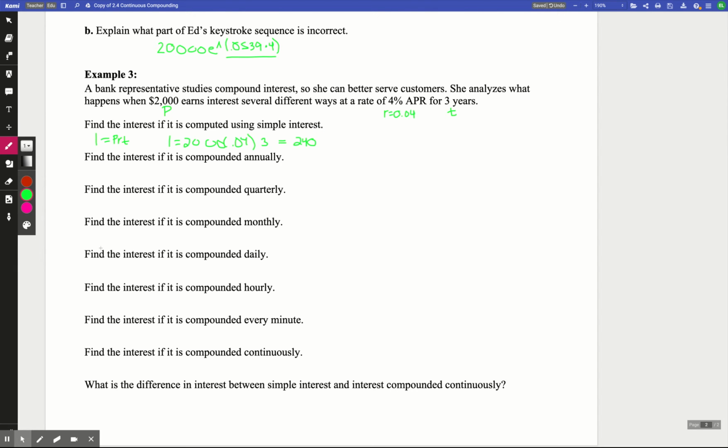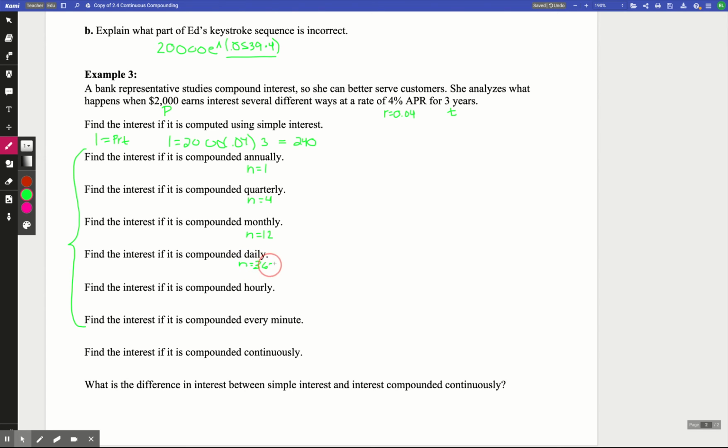Now, for these next 7 questions or parts, the formula is going to look the exact same. The only thing that will change is the compound frequency. So if we identify the compound frequency for each one, that's the only value that will alter our interest.